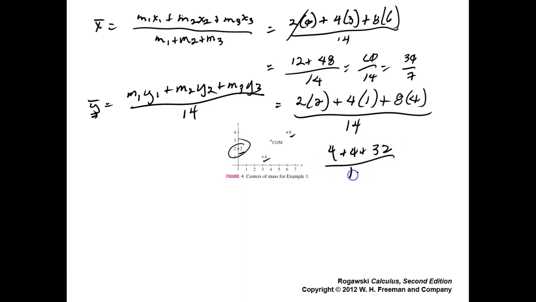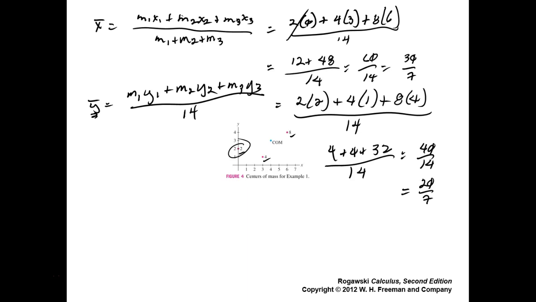Which is over 14. And that would be 40 over 14, which would be 20 over 7. So we got 30 over 7 for our x bar and 20 over 7 for our y bar.